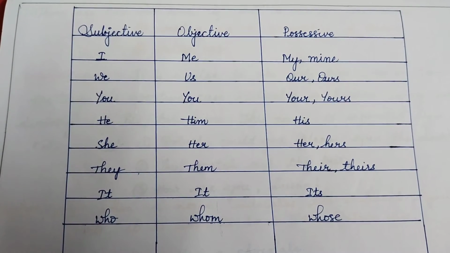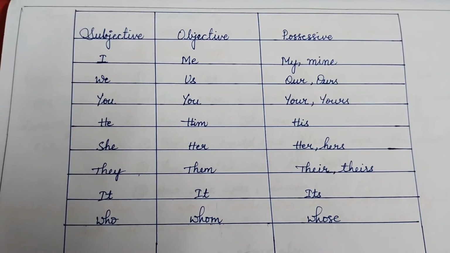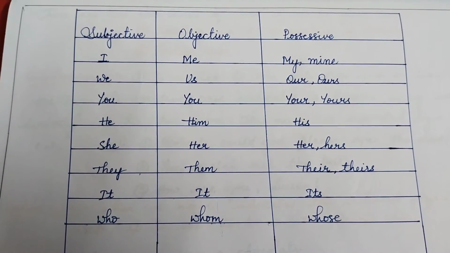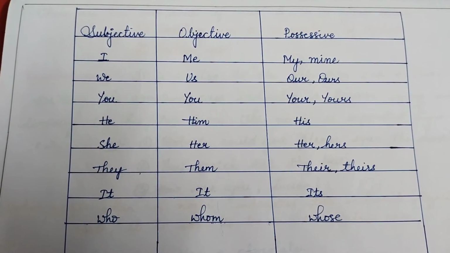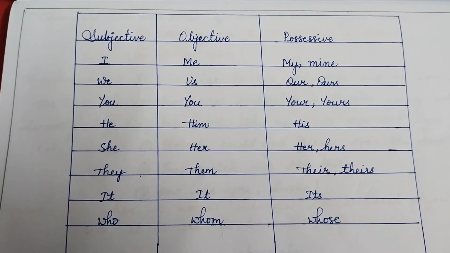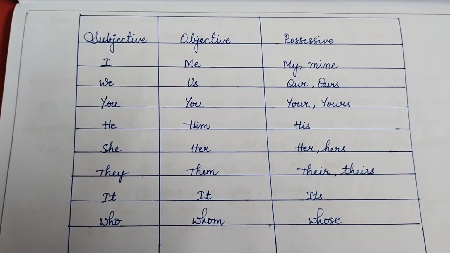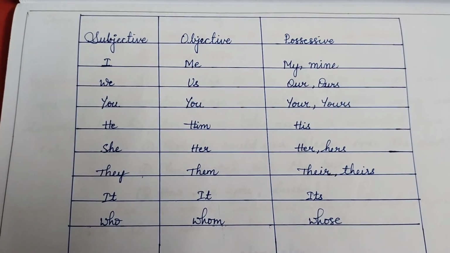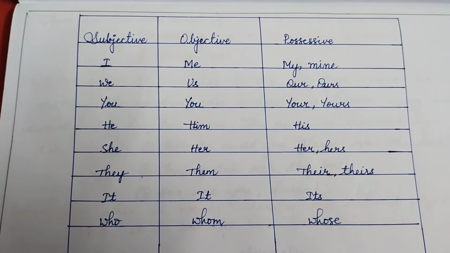If subjective case is we, objective will be us, and possessive should be our, ours. You, your, yours. If subject is you, then objective will be you, but possessive will be your, yours. Like your pen, or this pen is yours.